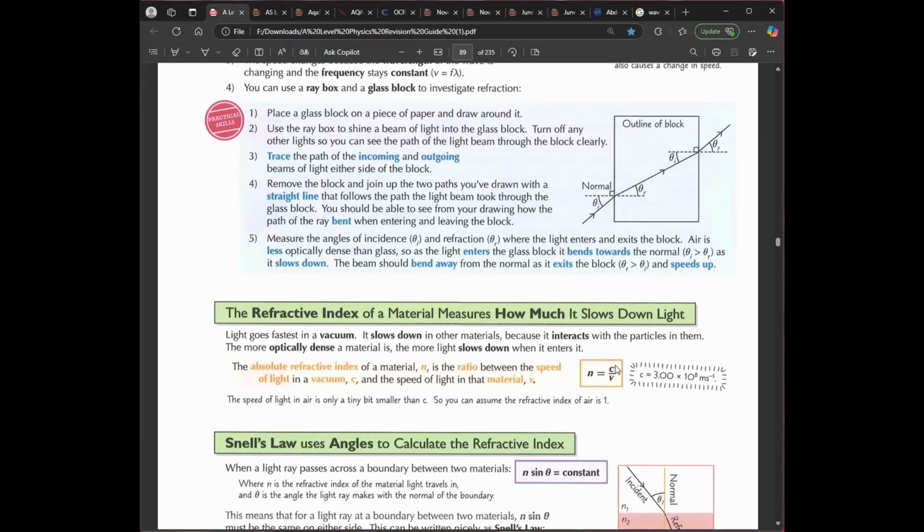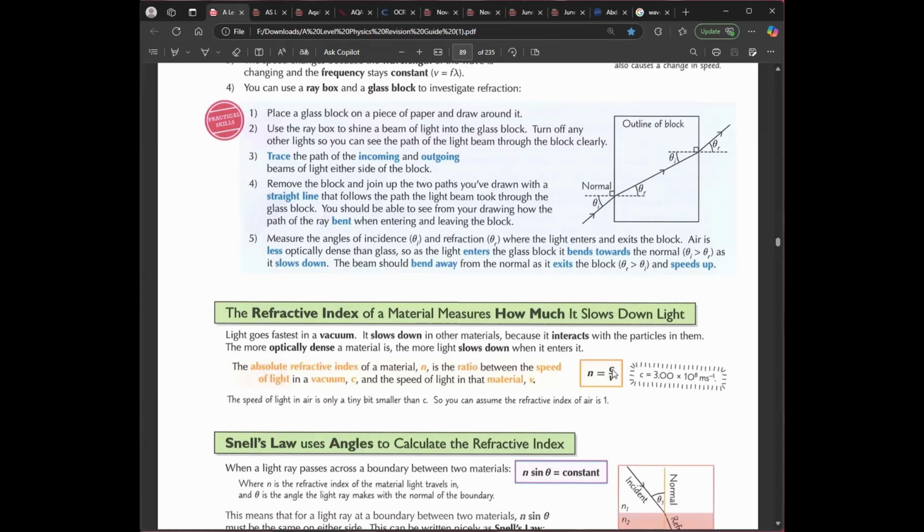speed of light in vacuum over speed in that medium actually gives us the value of refractive index. It would have a value of 1 for vacuum, and we take the value of 1 for a wave traveling in the air as well, because it is very close to 1.